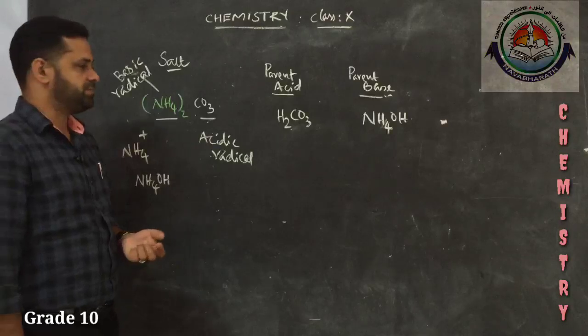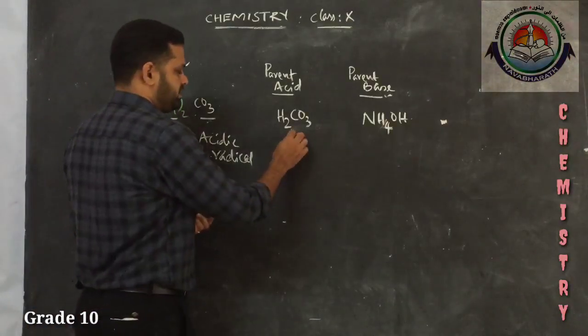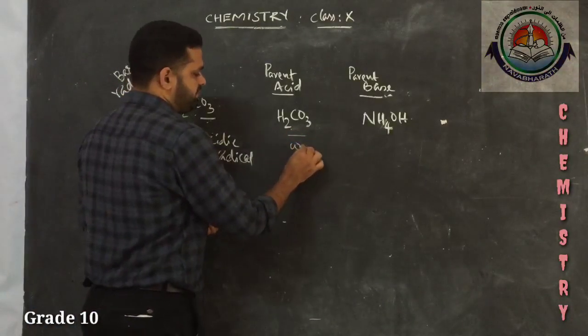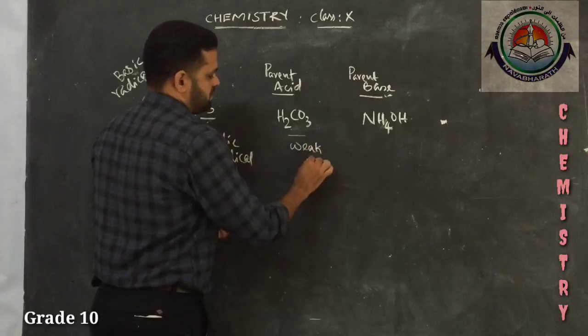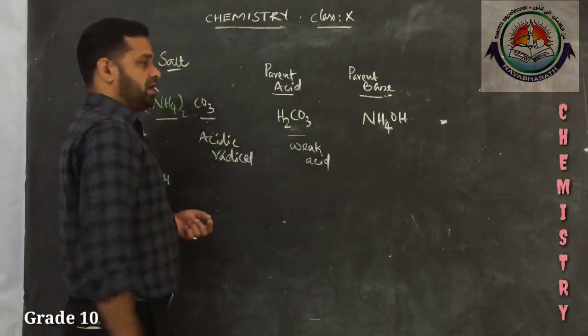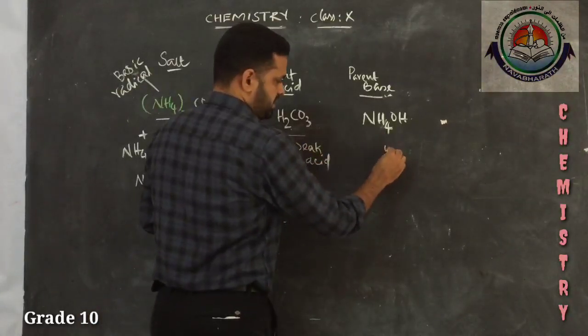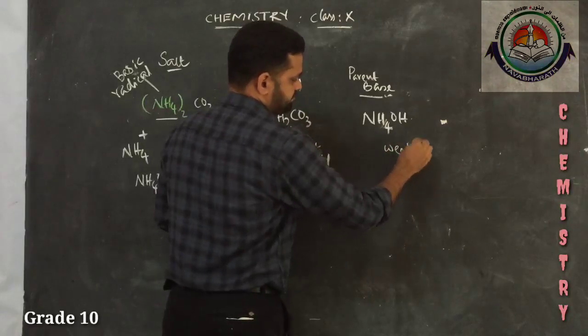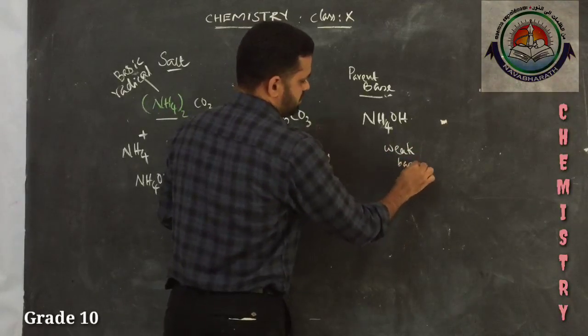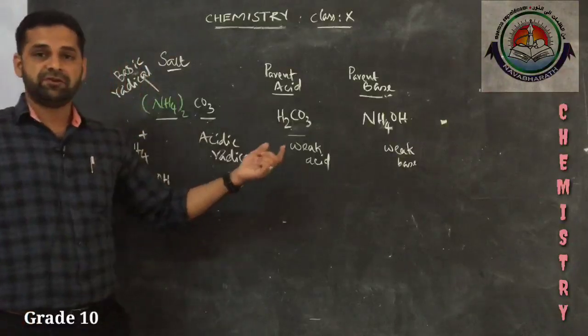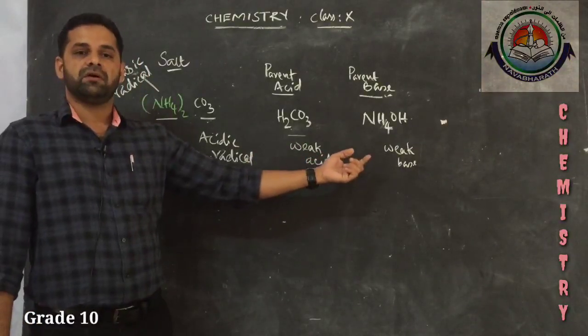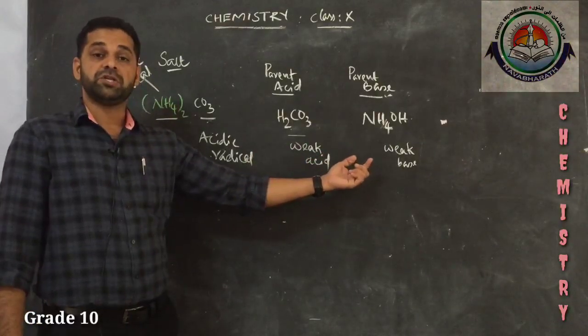Ammonium hydroxide. So we know here carbonic acid is a weak acid, and ammonium hydroxide is also a weak base. So weak acid and weak base, they form what? Neutral salt.